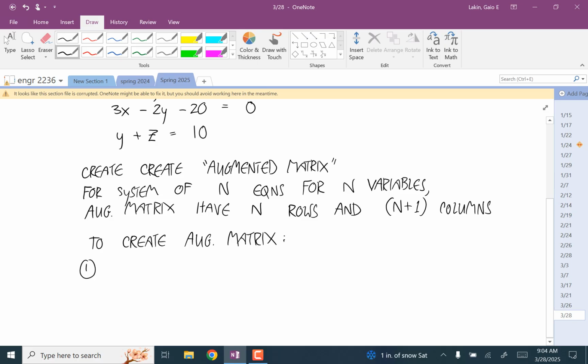first, get all your variables on one side of the equation and your constant on the other side. And the constants just need to be alone on the other side.